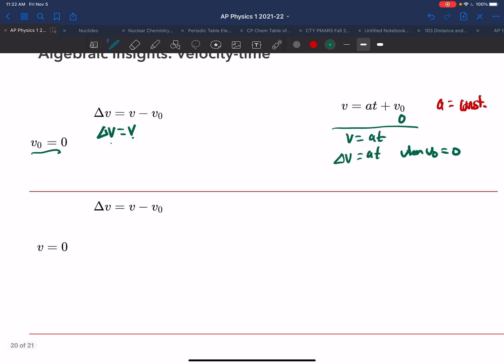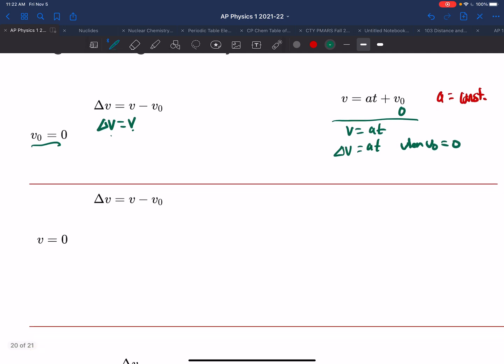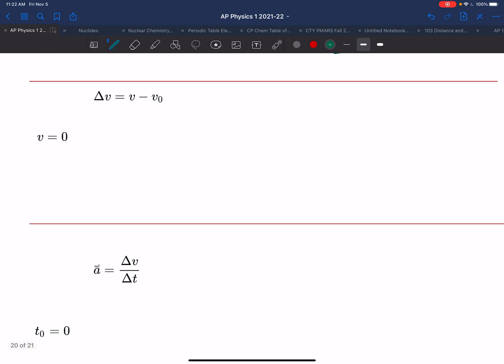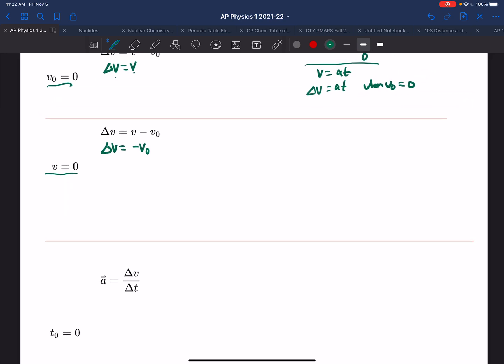Let's look at another relationship with velocity time. Let's look at the case where v equals 0. Well, if the final velocity is 0, the instantaneous velocity is 0, then delta v equals minus v0. If v equals 0, then delta v equals minus v0.